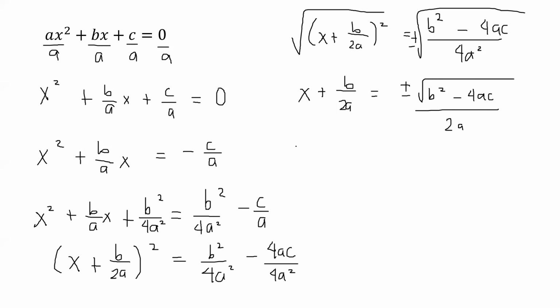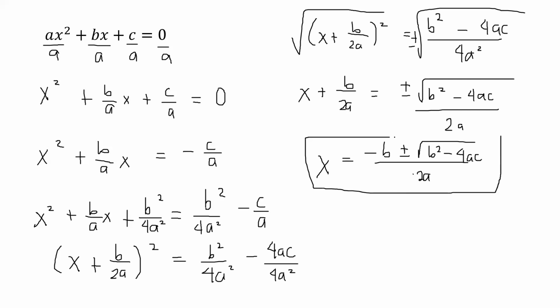Now we want x to be equal to something, so we add negative b over 2a on both sides. So x is equal to negative b, and since they have the same denominator, we just combine them into one fraction: negative b plus or minus the square root of b squared minus 4ac, all over 2a. And this is what we call the quadratic formula.